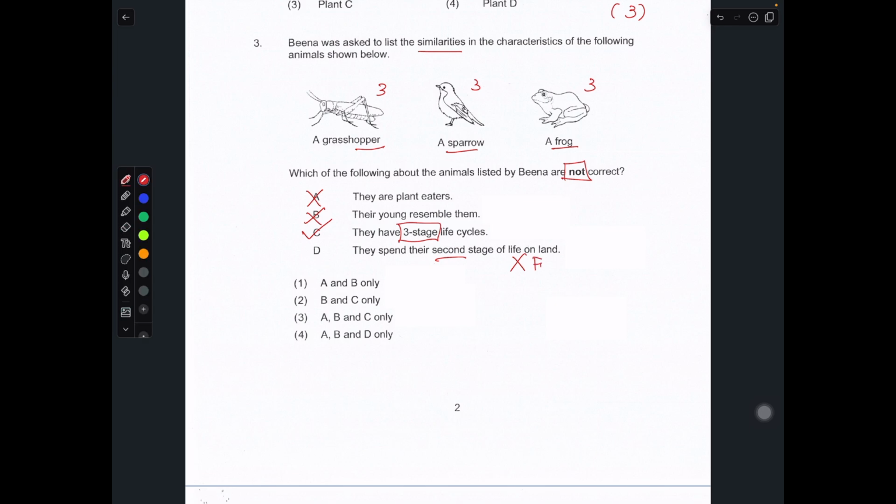For frog, they spend part of their life cycle on land and on water. The one in water will be the tadpole. So the ones that are incorrect will be A, B, and D. So the answer will be A, B, D, question number 4.